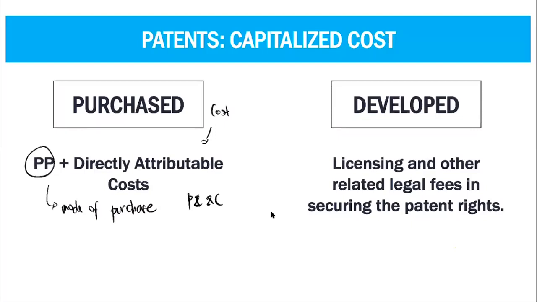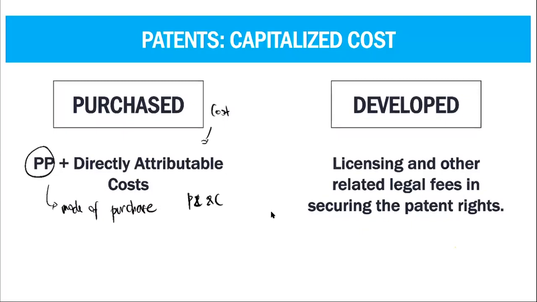Therefore, always ask yourself, if you are confronted with directly attributable costs, is this necessary for the present location and condition of my patent, of my copyright, of my trademark, so that you will include it or not. Use your judgment.